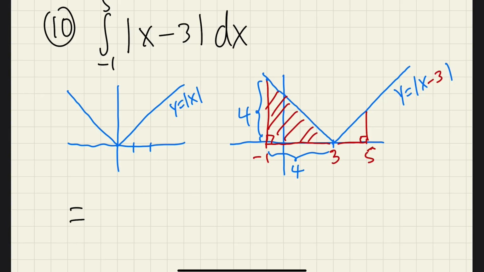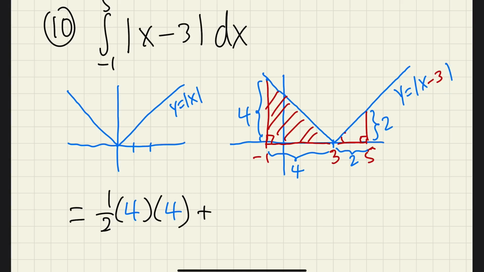So for the first area, I'm just going to shade this in red. We are going to get half of base times height, which is just 4 times 4. And then we will have to add that with the next area. From 3 to 5 is 2. And then when you plug in 5 into this function, you will get 2 right here for the height as well.